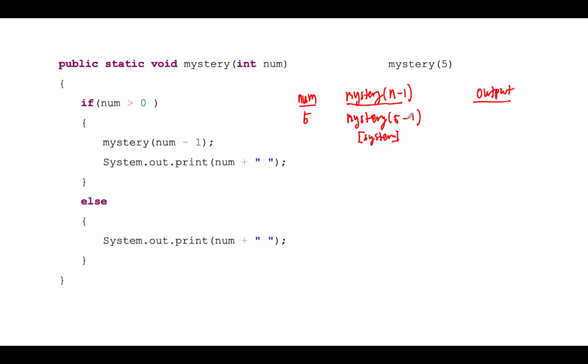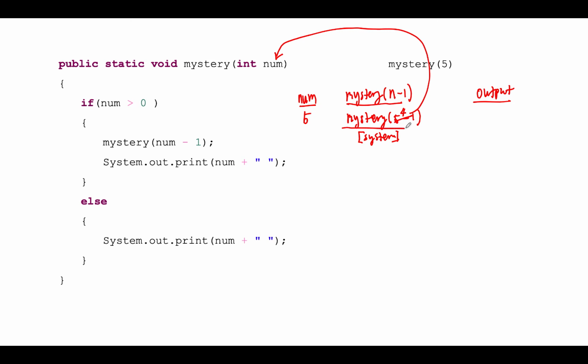Now let's take care of the first recursive call here, 5 minus 1, mystery 4. That 4 is now going to be sent in the mystery call as a parameter. Mystery 4 is greater than 0, so we're going to execute what's in the if block.